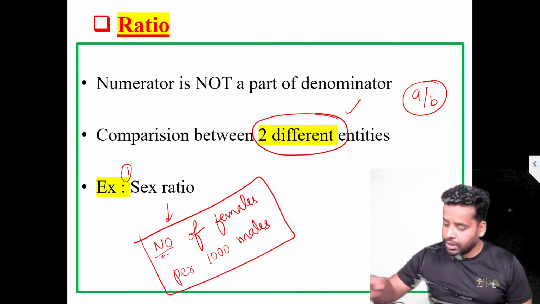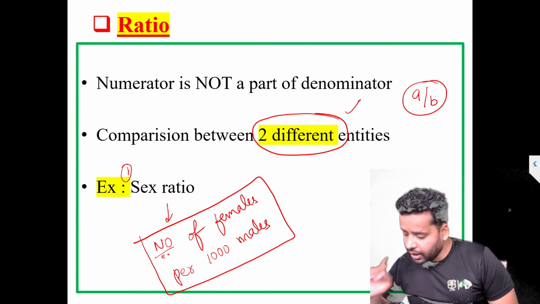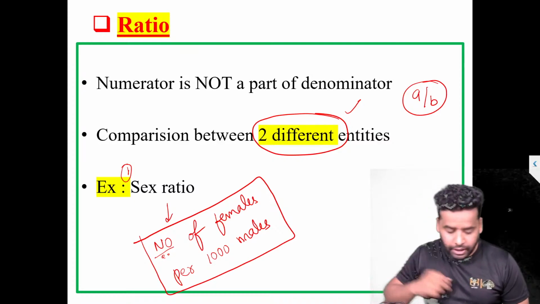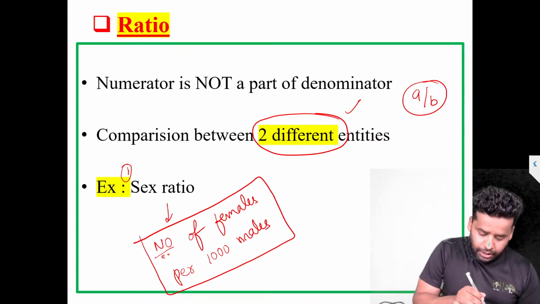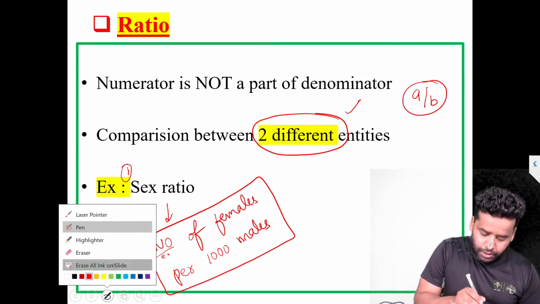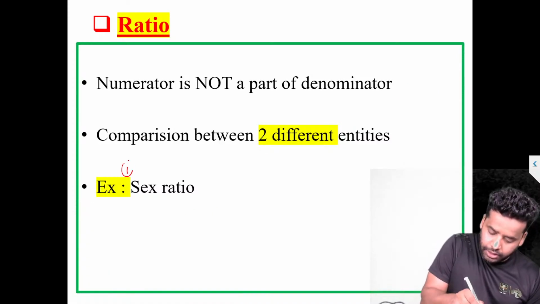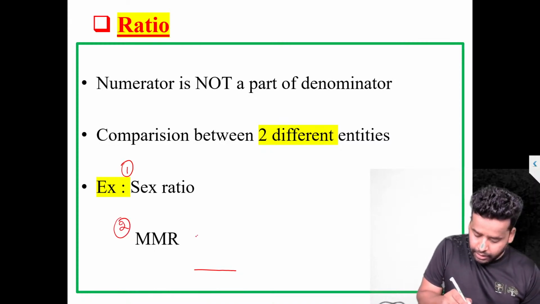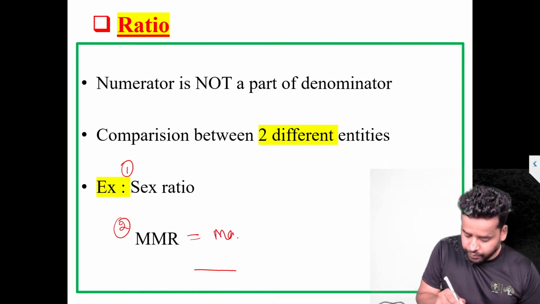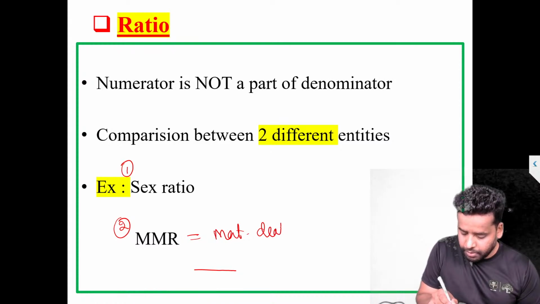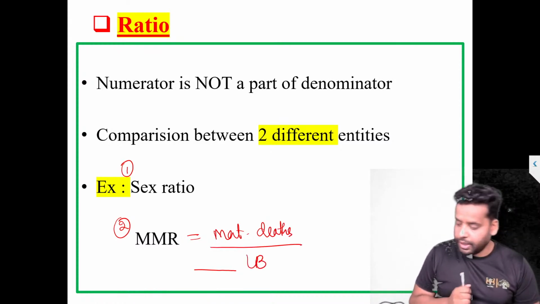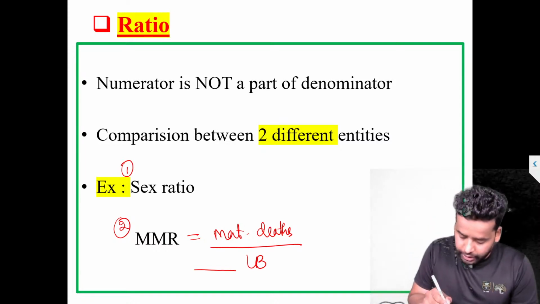Yes, very good. Maternal mortality ratio. So what is the formula for MMR? Tell me, what is the formula for maternal mortality ratio? Maternal deaths divided by live birth. Two same entities or different entities? Different entities.